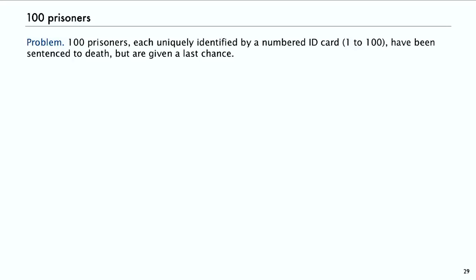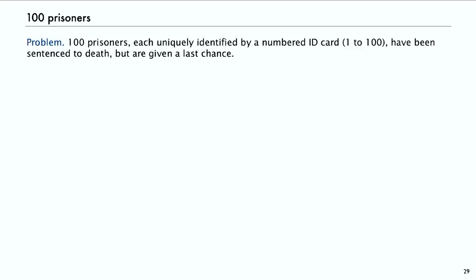As an application, we're going to consider a problem known as the 100 prisoners problem. This actually was a Google interview question for a while. The story is that you have 100 prisoners, each with a unique identity card, numbered from 1 to 100.